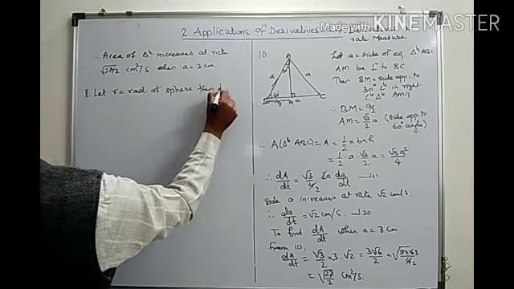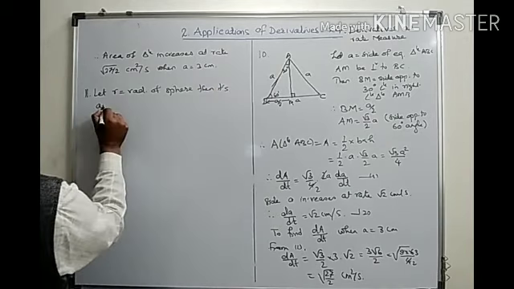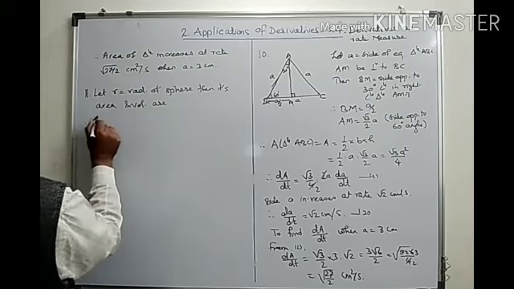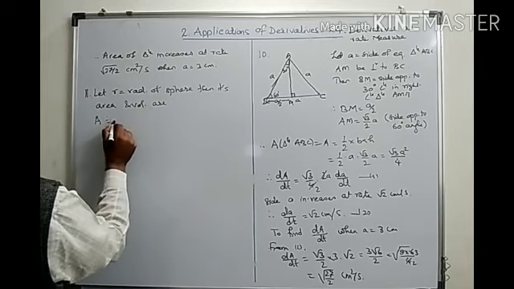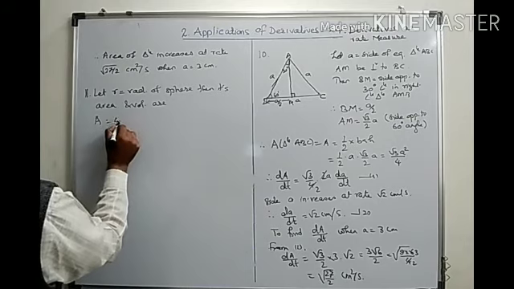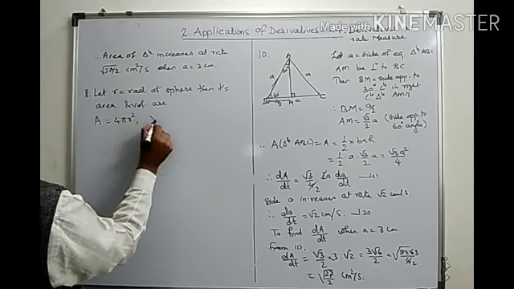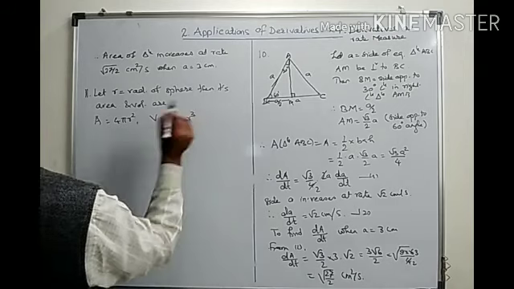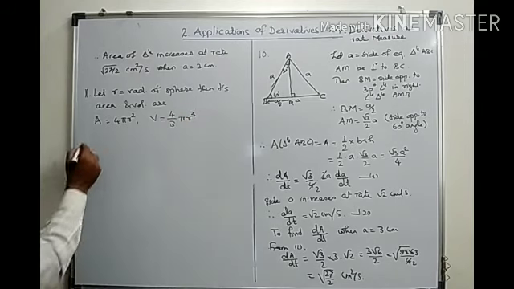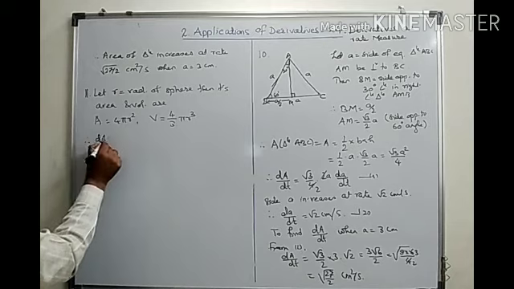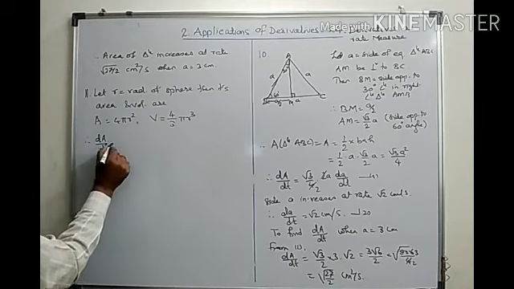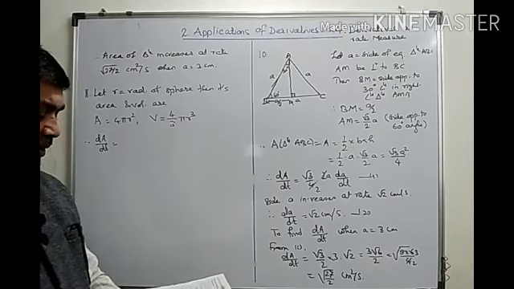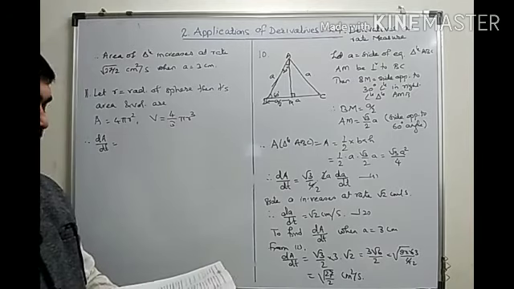Then its area A, which is a function of R, is nothing but 4 pi R square, and volume is 4 by 3 pi R cube. Therefore, we are given the rate of change of area with respect to time.